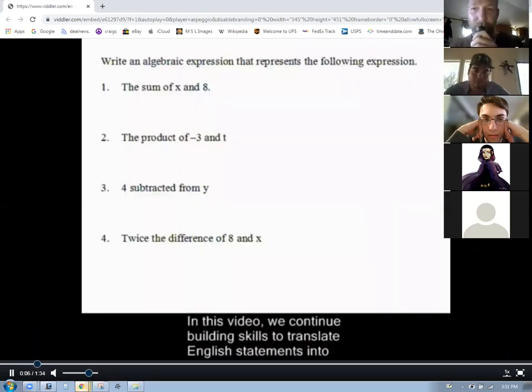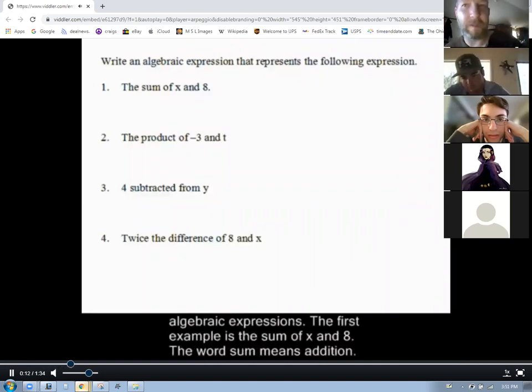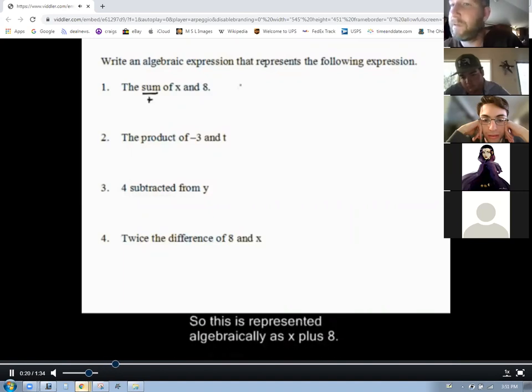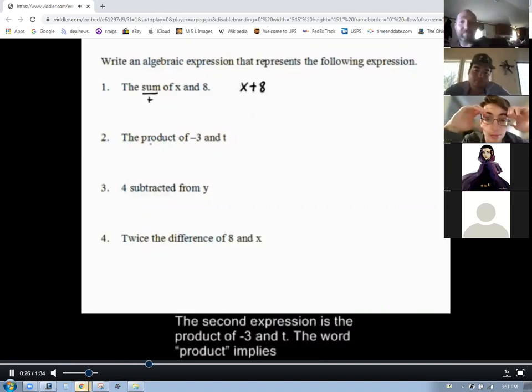In this video, we continue building skills to translate English statements into algebraic expressions. The first example is a sum of x and 8. The word sum means addition, so this is represented algebraically as x plus 8. The second expression is the product of -3 and t.